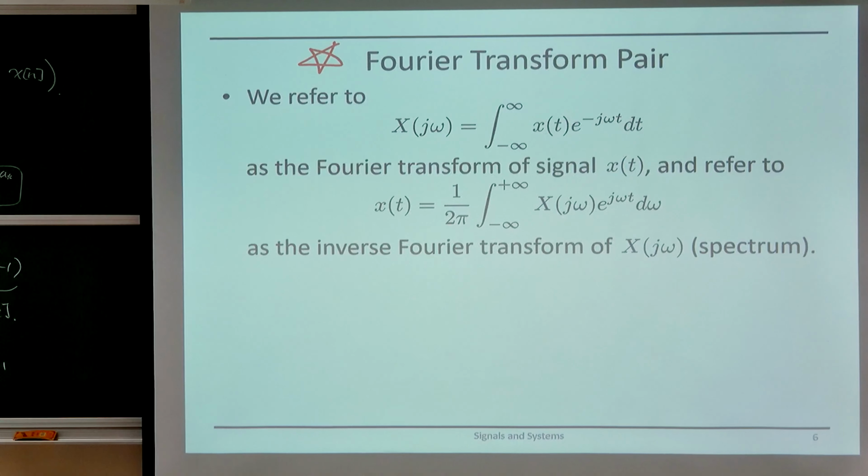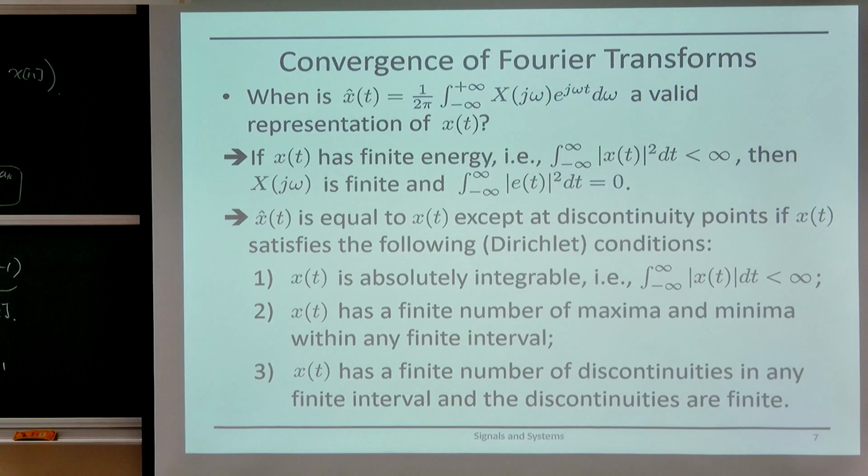So I don't want to go into details of this, but you can sort of see the similarities here. So the question is, when does this integral here, let's denote it as x hat, provide a valid representation for the original signal x of t?